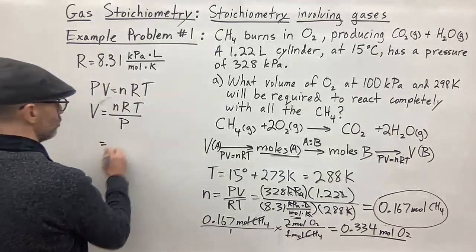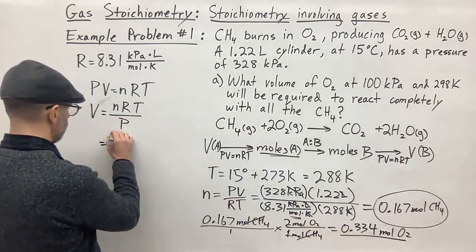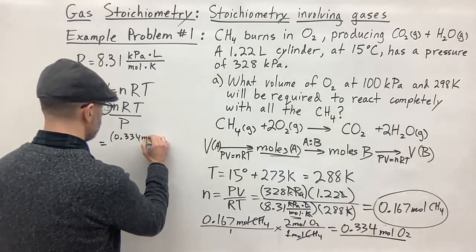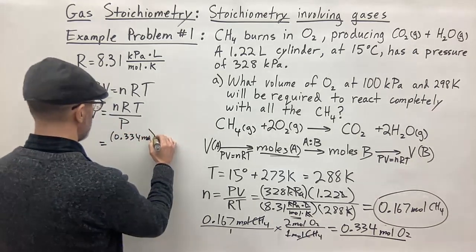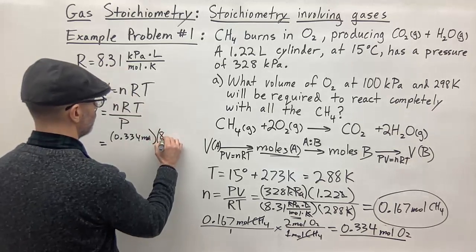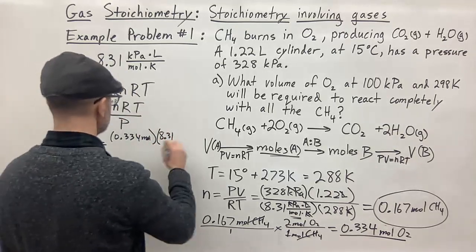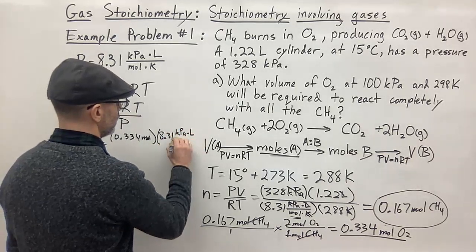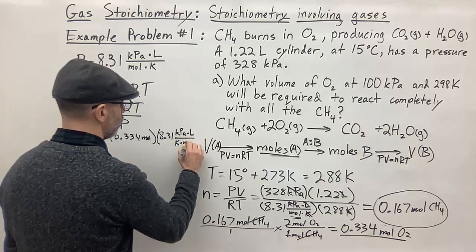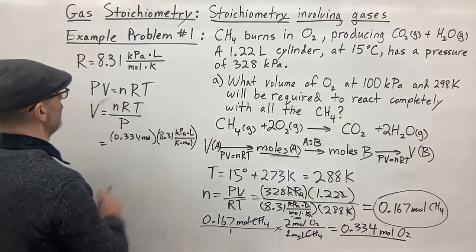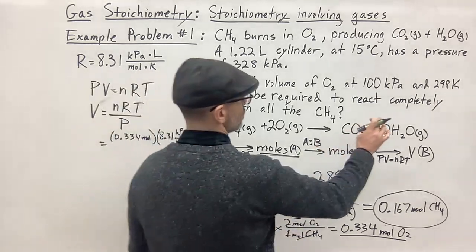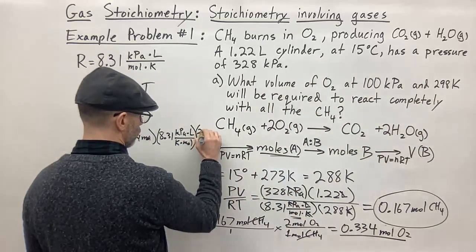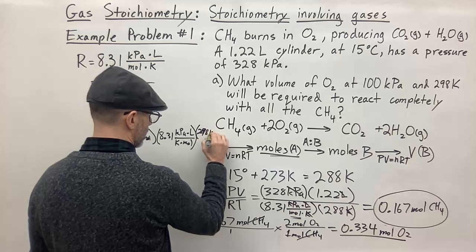So that's going to be equal to the number of moles, 0.334 moles, multiplied by R, which is 8.31, and again, that's going to be kilopascal liter over Kelvin mole, and multiplied by the temperature, which is 298 Kelvin.